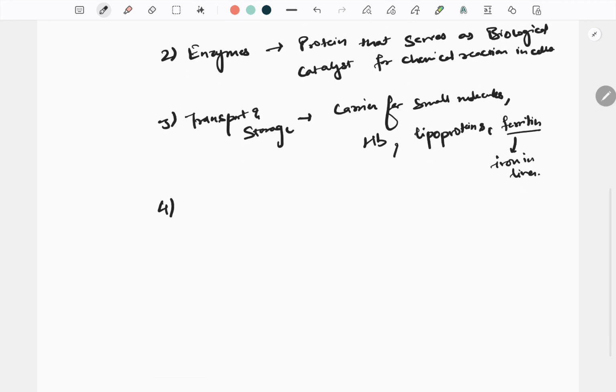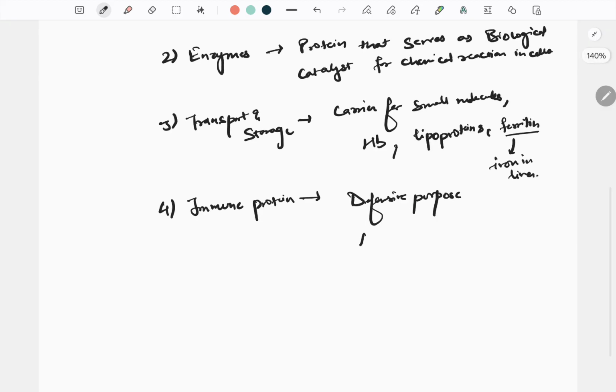The fourth type is immune response related protein. Okay, immune proteins I'm going to write. So they are used for defensive purposes. So for example, if your body get infection at that point of time, these protein helps, and you must be knowing about the antibodies, right?